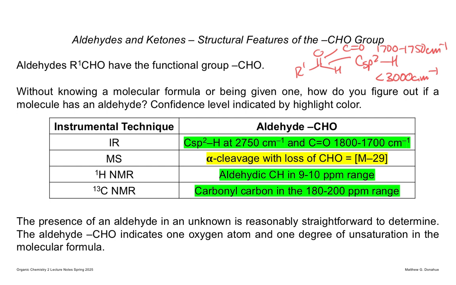Proton NMR is another strong one because the aldehyde proton is really the only one that will occur between 9 and 10 parts per million. In general, it occurs as a singlet. But it doesn't have to because it can couple into that alpha carbon if there's hydrogens attached.